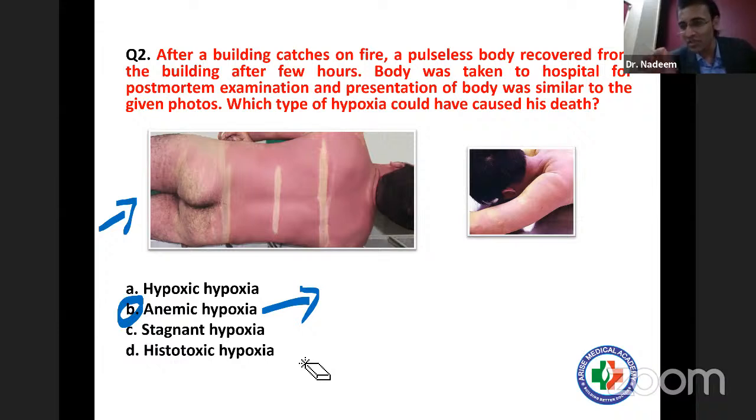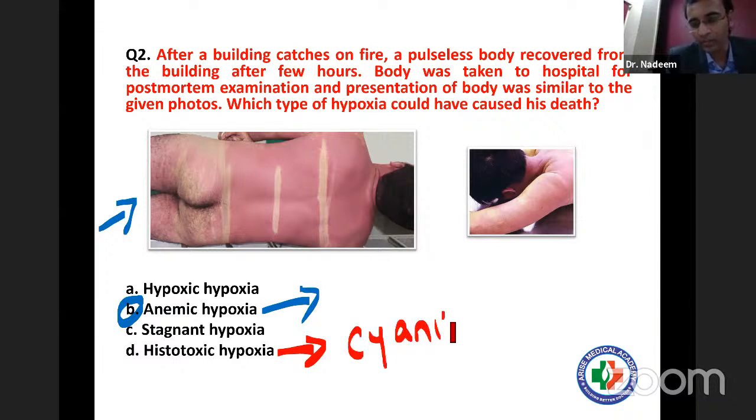So which type of hypoxia will be there? Histotoxic hypoxia. Cells and the tissues. I hope you remember this one. So histotoxic hypoxia in cyanide poisoning. I hope this is clear to all of you. CO poisoning, answer is B, anemic hypoxia.